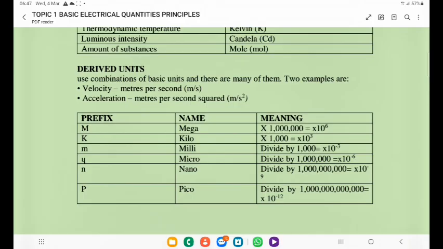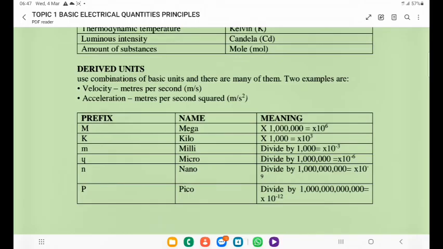Capital K stands for kilo, that is times 10 power 3. Small m stands for milli, that is times 10 power negative 3, or divide by 1000. Then you have the symbol that represents micro, times 10 power negative 6, nano times 10 power negative 9, and pico times 10 power negative 12.